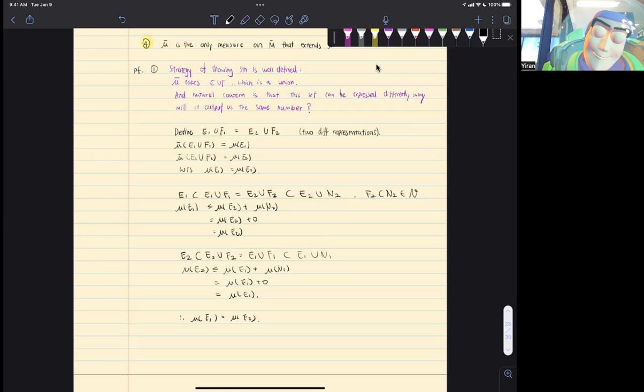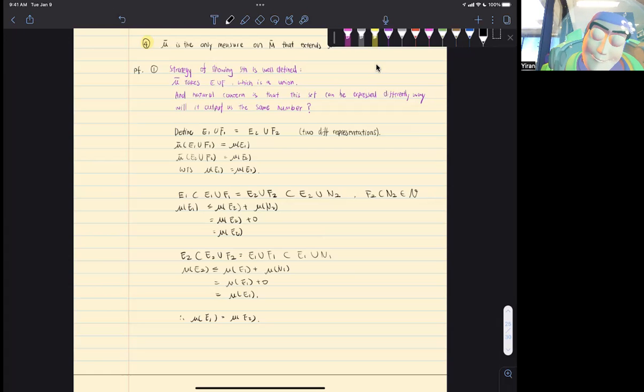Oh, sorry about that. So we want to claim mu bar of B is equal to 0. This is true since mu bar of B is smaller or equal than mu bar of B union N. Oh, actually, this could be even simpler.